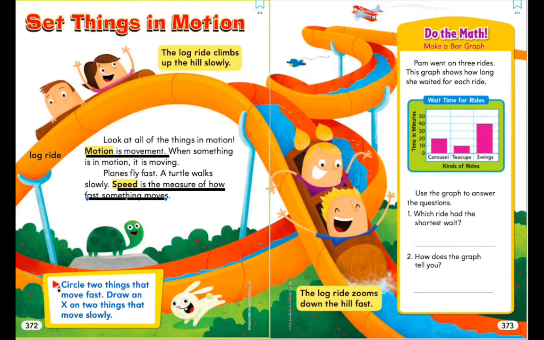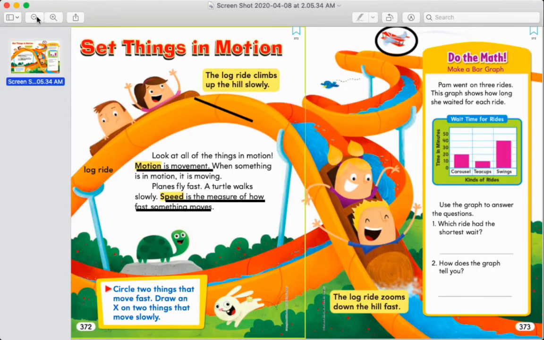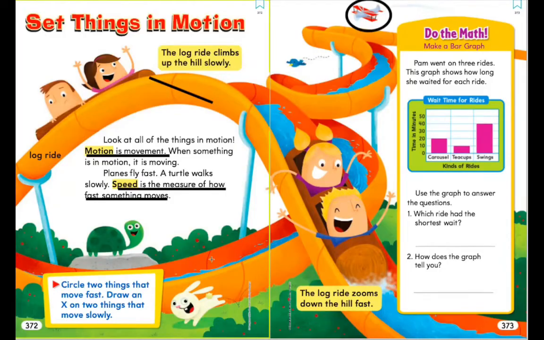Now let's read this yellow box. Circle two things that move fast. Which are the two things that move fast? One is the one I can see over here. And one more thing that goes really fast is this. Can you see? The boy and the girl are going really fast on the slide.